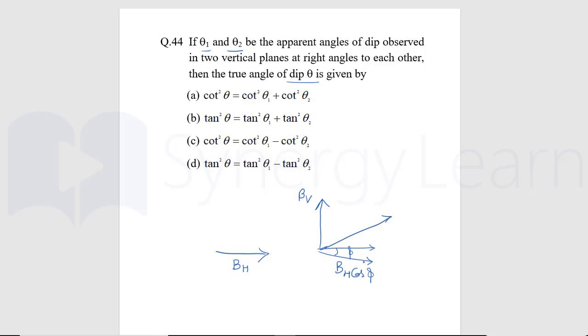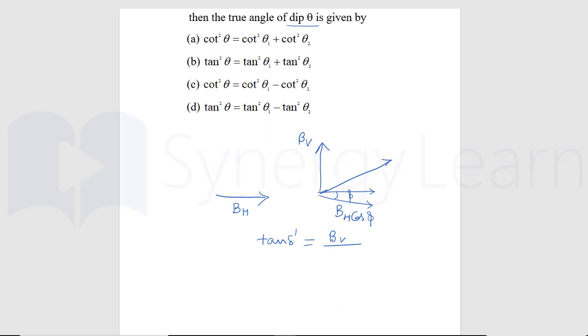So in this new plane, we have tan delta dash, the apparent angle of dip, delta dash, as BV divided by BH cos phi. Whereas true angle of dip, tan delta, is BV divided by BH.